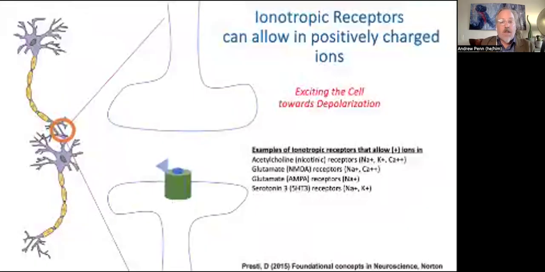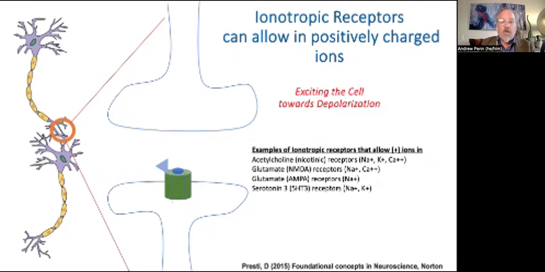So now let's take a look at some examples of these ionotropic receptors that allow positive ions to flow in, which is going to move the cell more towards excitement, more towards depolarization. For example, these would be glutamate receptors, very important in the use of, say, something like ketamine.